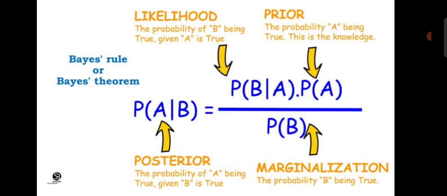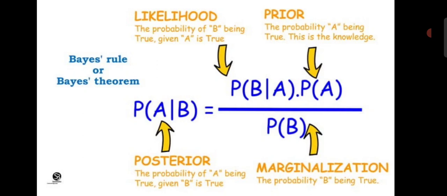Here you can see the formula of Bayes theorem or Bayes rule: P(A|B) = P(B|A) × P(A) / P(B). The posterior is P(A|B) on the left-hand side, the probability of A being true given B is true.